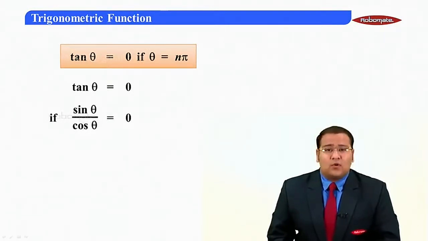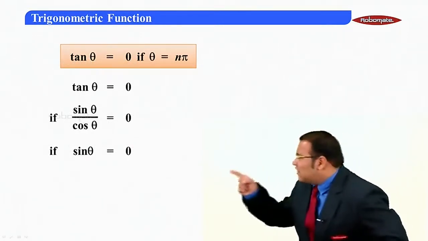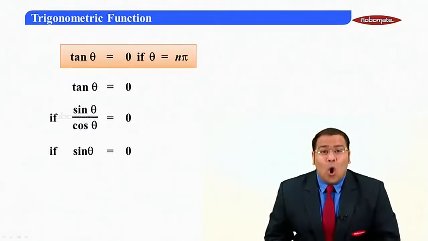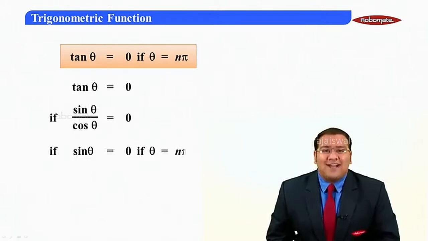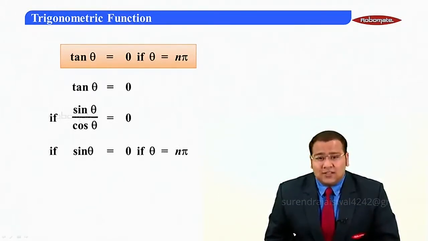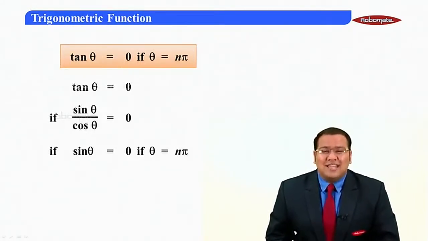If cos theta goes to the other side, the equation would be sin theta is equal to 0. We just now did this equation. Sin theta is equal to 0 only if theta is equal to n pi.